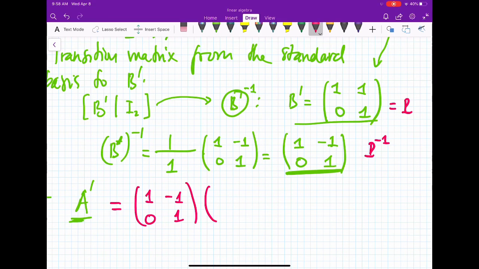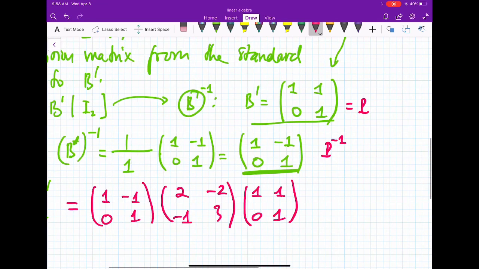A is 2, negative 1, and 3. That is the matrix in the standard basis. And P is 1, 1, and 0, 1 in here. And you multiply them together, you get the answer 3, negative 2, negative 1, and 2. That's how we can solve such a problem.